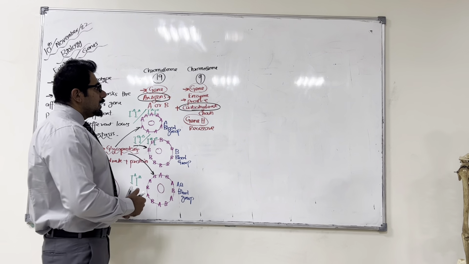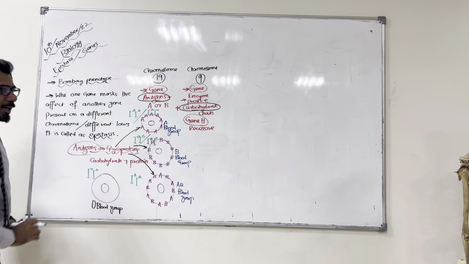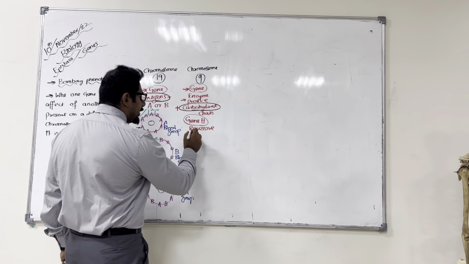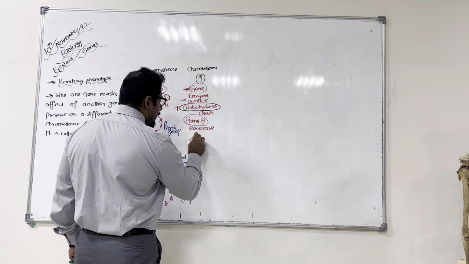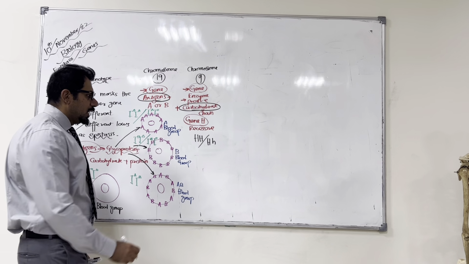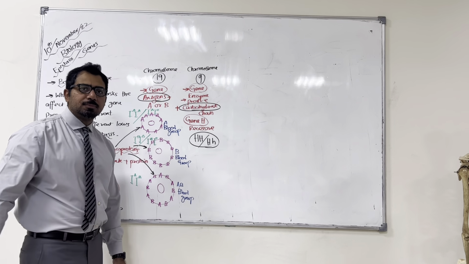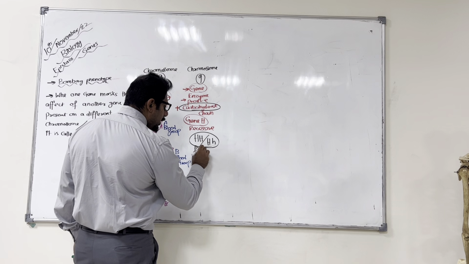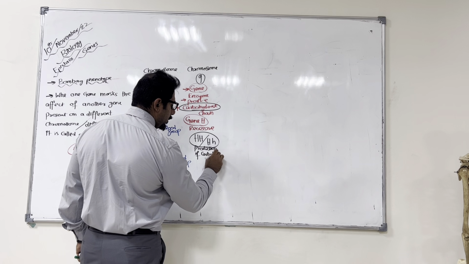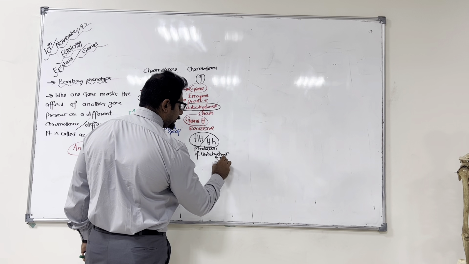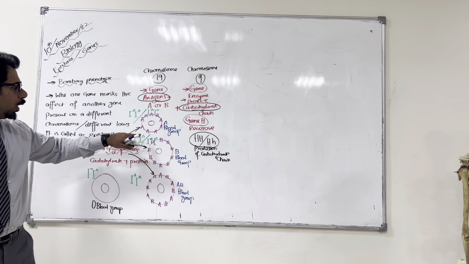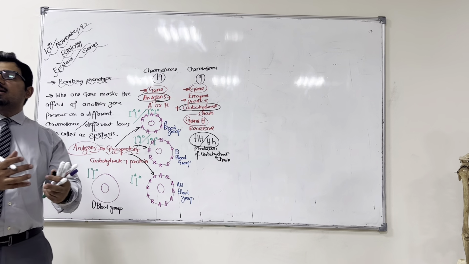Now, these phenotypes will appear if the gene H has the genotype capital H capital H or capital H small h. If this genotype is there, then there will be production of carbohydrate chain, right? It means that this carbohydrate chain will join with the protein part of the antigen and glycoprotein will be formed.